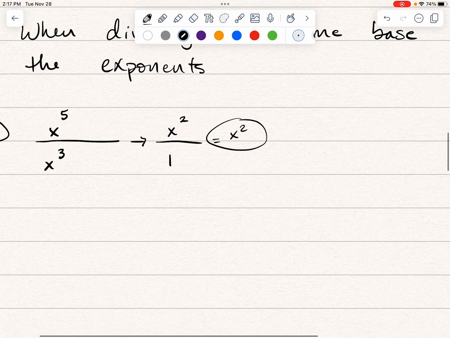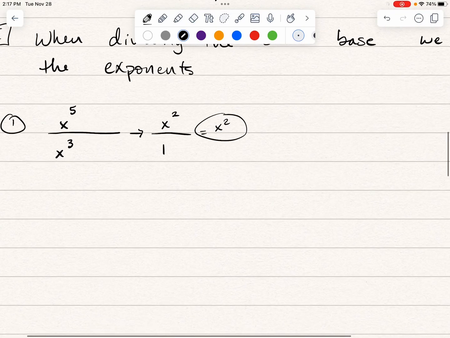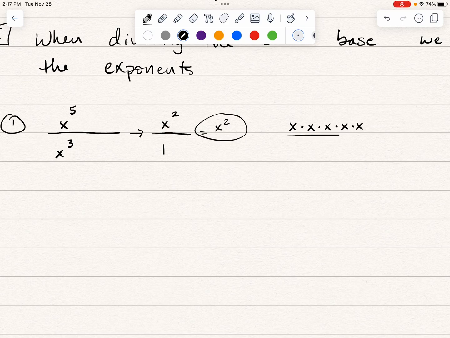The reason that this works has to do with the idea of an exponent. So x to the fifth power actually means x times x times x times x times x, 5 times. And x to the third power is x times x times x. We know that the same number, like 2 over 2, is going to cancel out and leave you with 1.